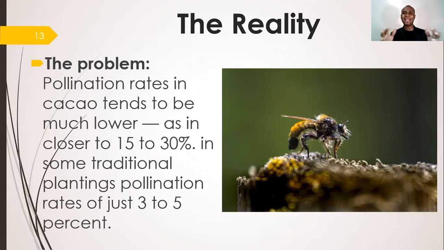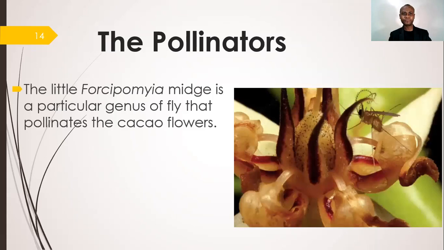So it tends to be that only about 10% of the flowers will grow to maturity. Okay, that is why there is the need to enhance pollination. So you have to increase pollination on your farm.